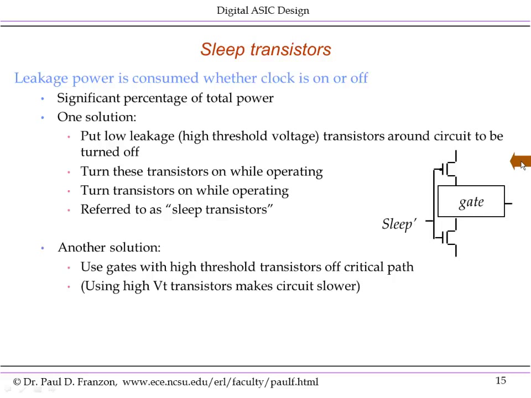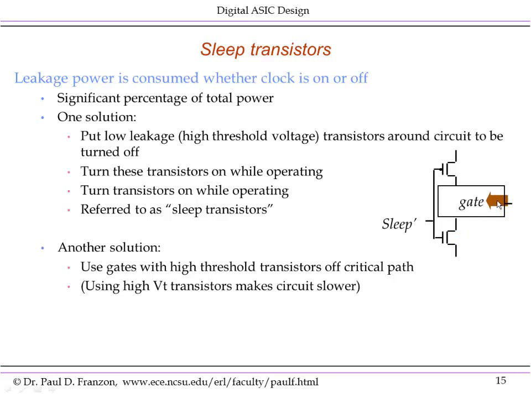The way this is done is to put what are called sleep transistors around your logic gates. These are transistors that have a high threshold voltage, thus when they're off they have low leakage. They'll throttle the current going into this gate.